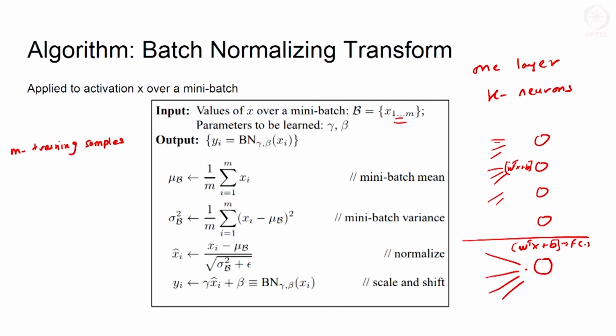So, if you have m data points, then you will have m such calculated values for each neuron. That is for each activation prior to passing it to the nonlinearity, you will have m such values corresponding to each data point in your mini batch.